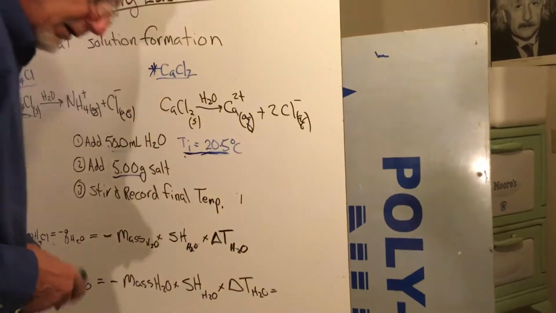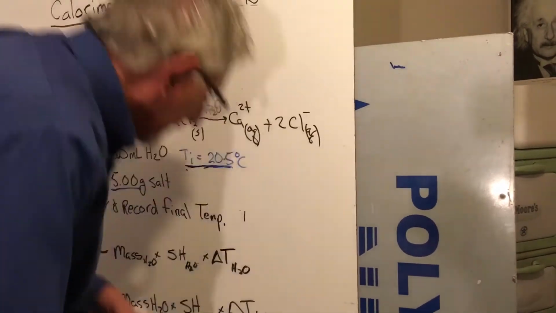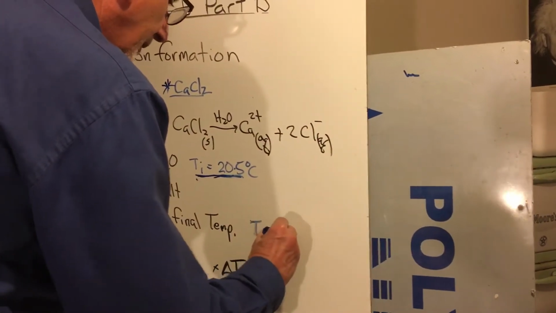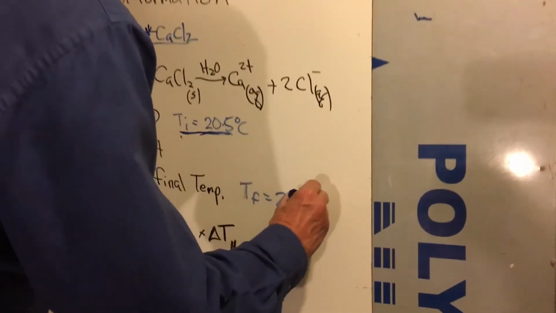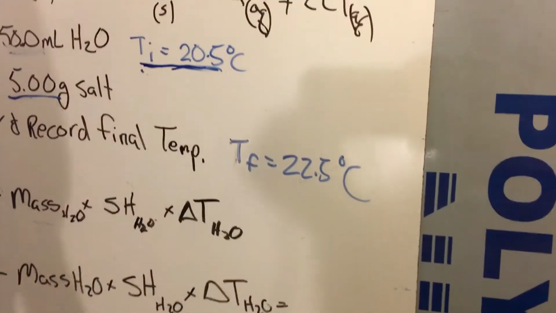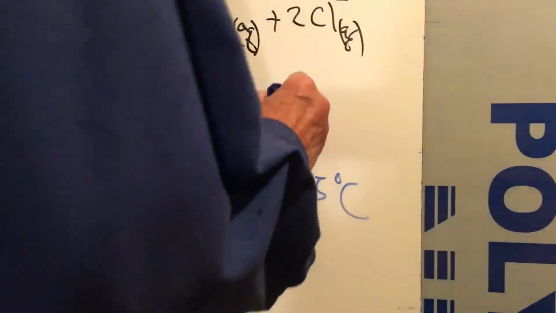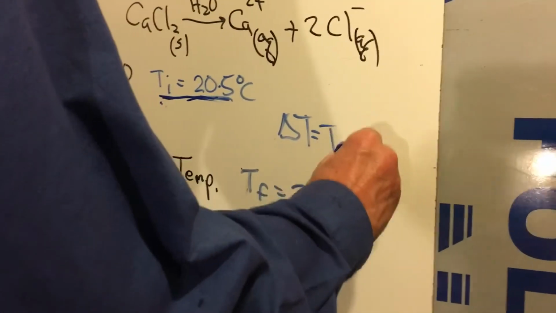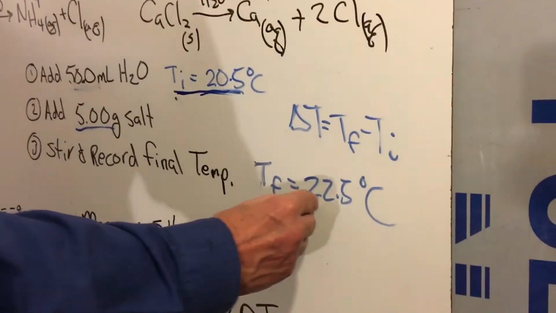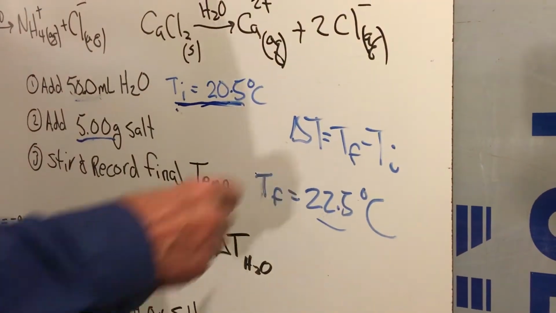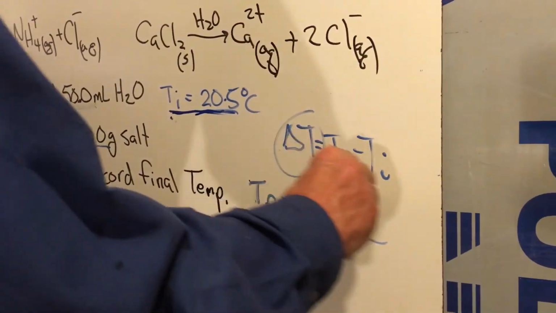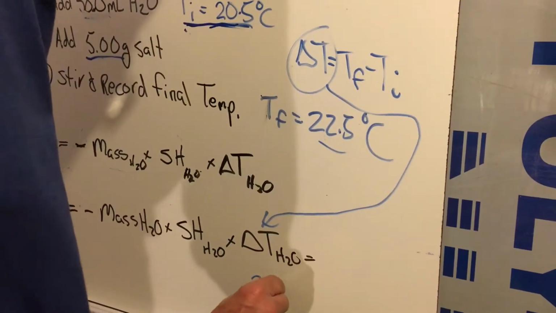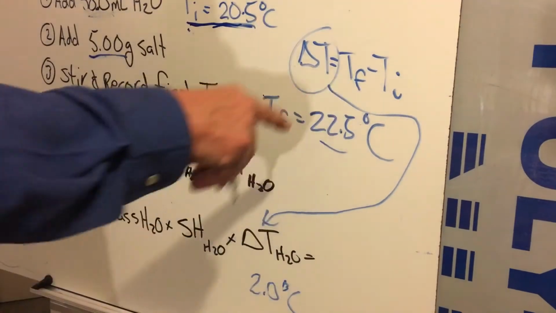Let me get a blue pen. T final is 22.5 degrees C, and we started at 20.5 degrees C, so our delta T, which is T final minus T initial, is going to be 22.5 minus 20.5, so our delta T is going to be equal to 2.0 degrees C. And notice it's a positive change.